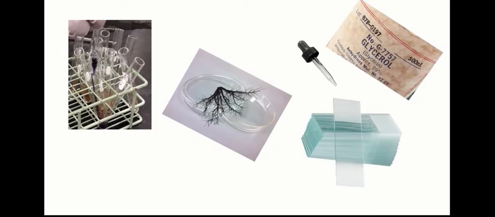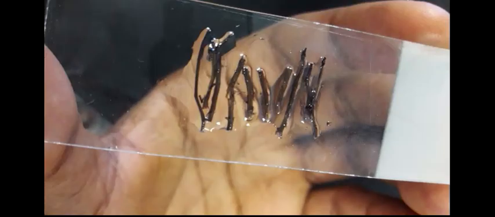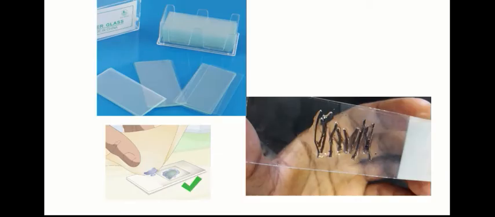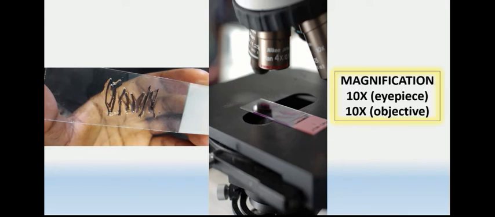Segments of 10 roots per slide were mounted in parallel, and a cover slip was placed to see the assembly, which was observed under a microscope with a magnification of 10x on the eyepiece by 10x on the objective.